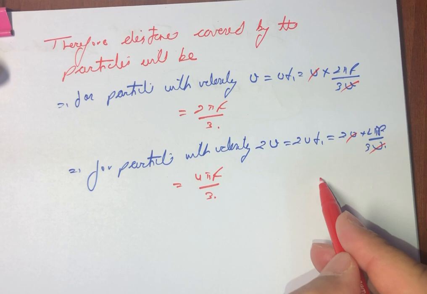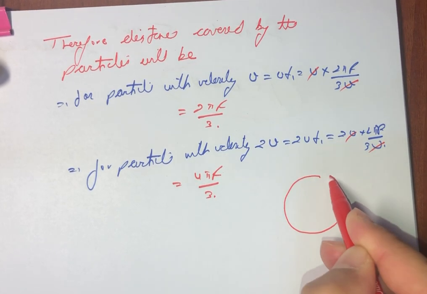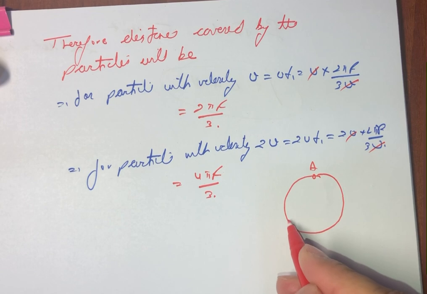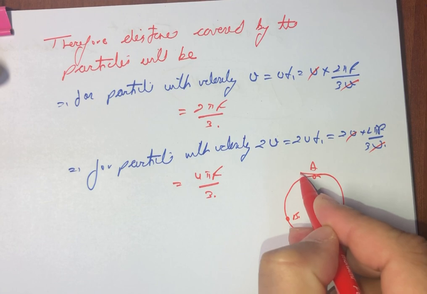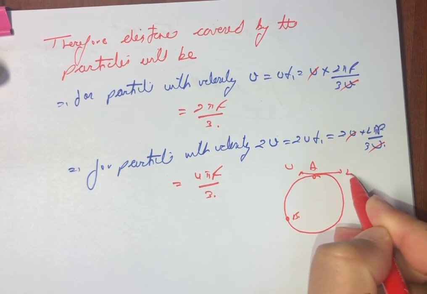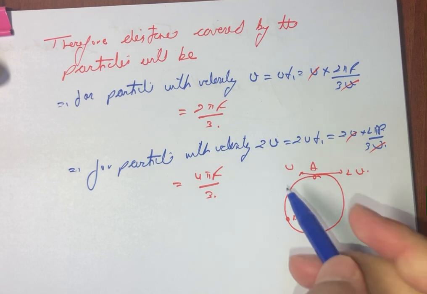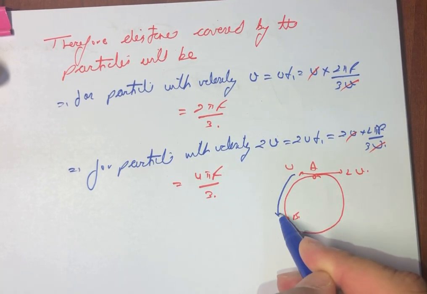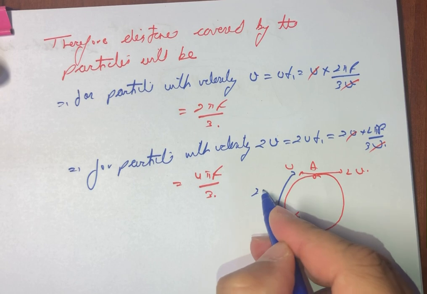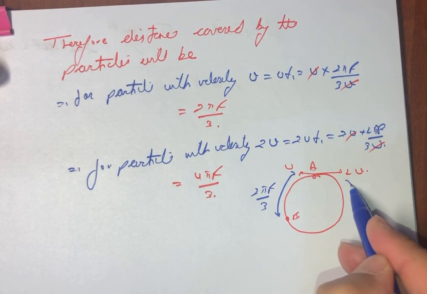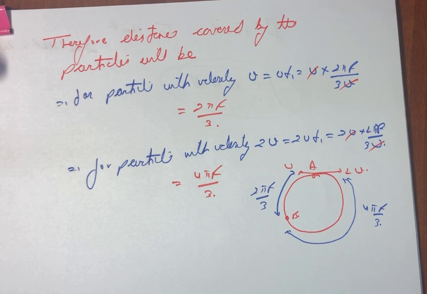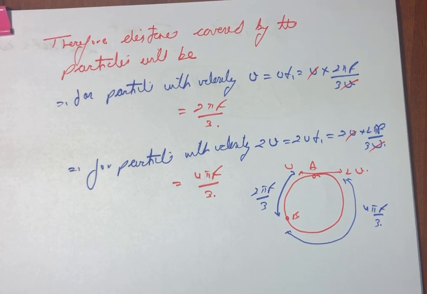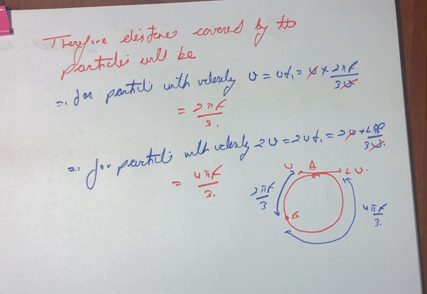So for the particles which started from A and reached point B, in this direction the velocity is v and in this direction the velocity is 2v. This distance is 2 pi r by 3, and this distance is 4 pi r by 3. Now it is also given that the collision is an elastic collision.